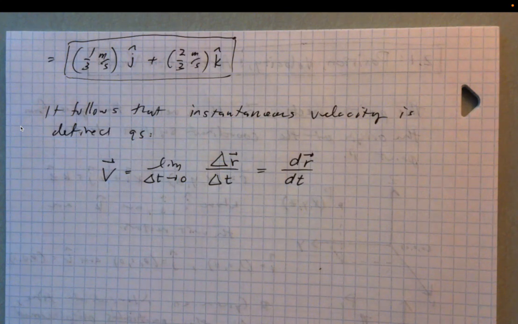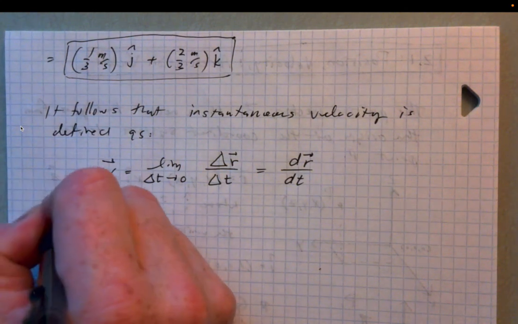Okay, very good. Now, because we've moved from straight line motion to 2 or 3 dimensional motion, the velocity vector is going to have 2 different aspects to it, because all vectors have magnitude and direction.